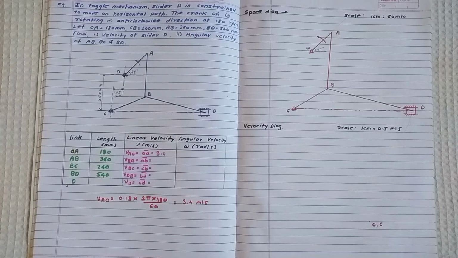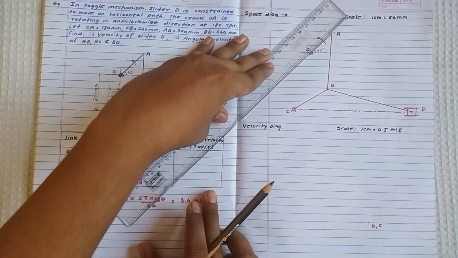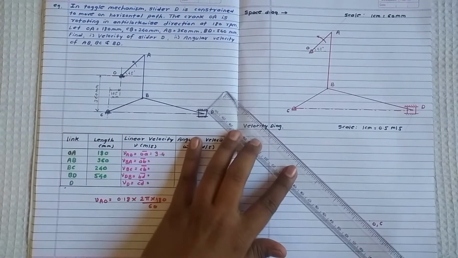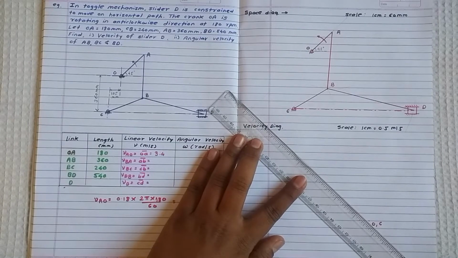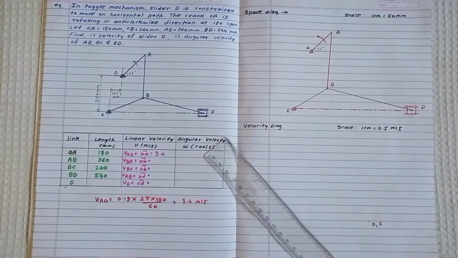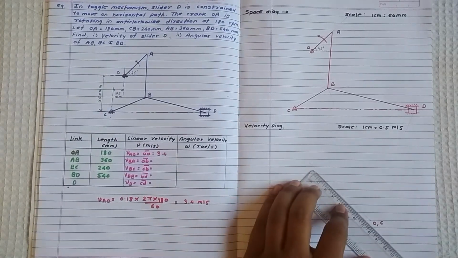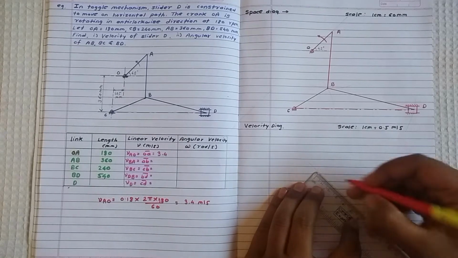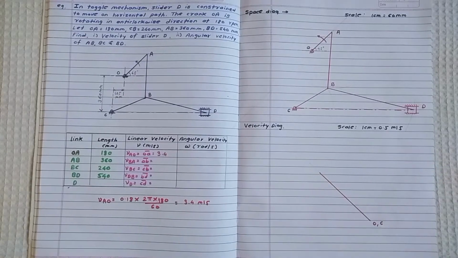So let us draw perpendicular to OA in the upward direction. For that I will transfer OA as a faint line, and draw the perpendicular from point O in the upward direction. So it is 6.8. Mark 6.8 and highlight this. This is the velocity of OA link.